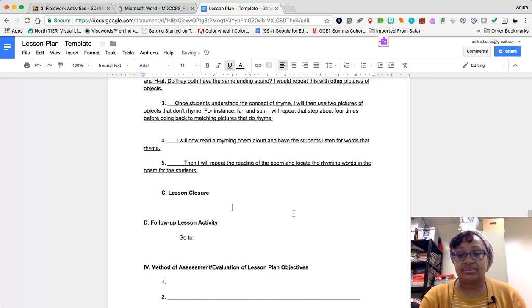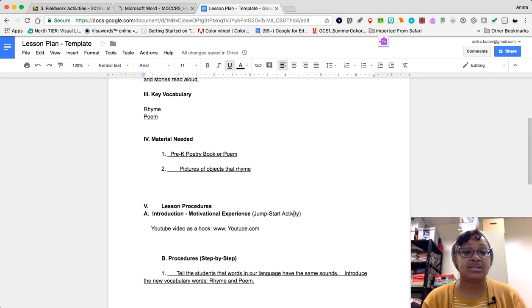Okay, so let's do a matching activity. Students will match pictures of objects that rhyme. So now that's another material that I'm going to need: a matching worksheet activity.